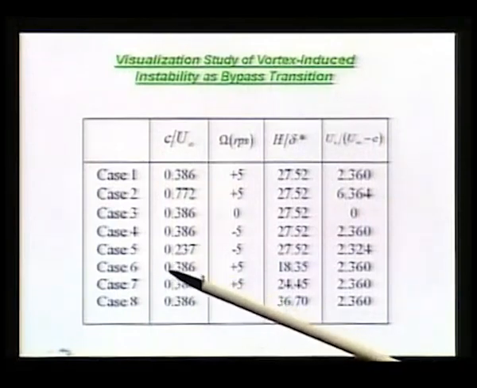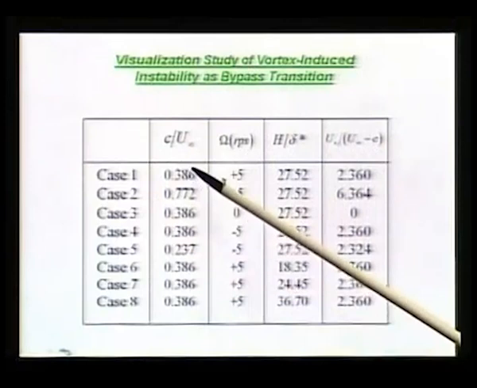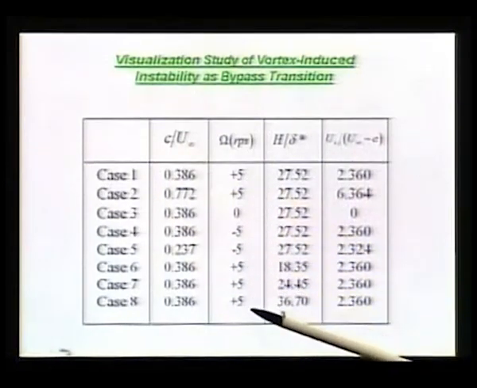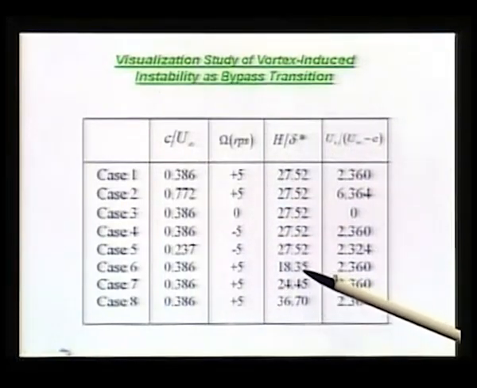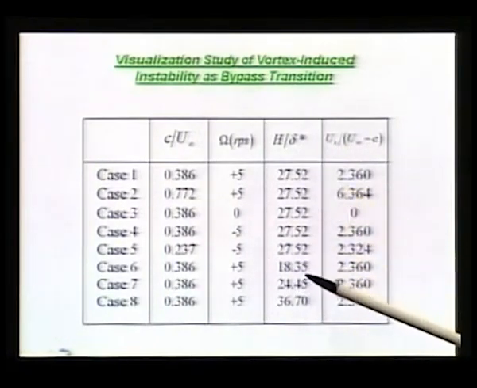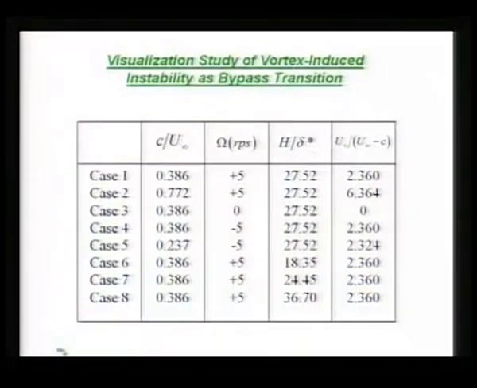The last 3 cases were the same as the first case because the convection speed and the rotation rate of the cylinder are kept the same; it is only the distance that was varied, and there were 3 such cases. In one case it was brought closer, in another somewhere closer to the cylinder, and in the last it was relegated farther into the free stream.